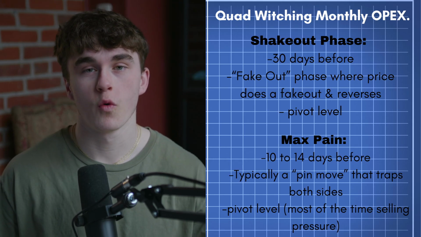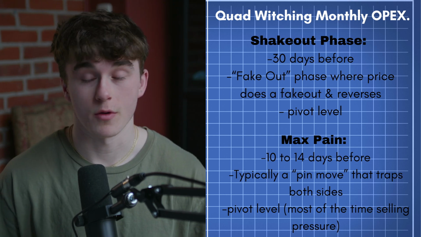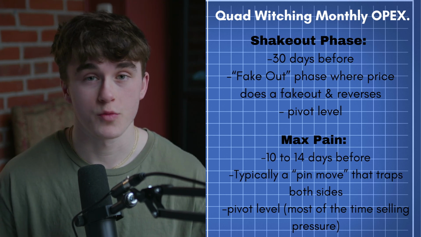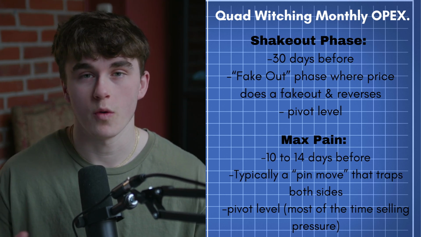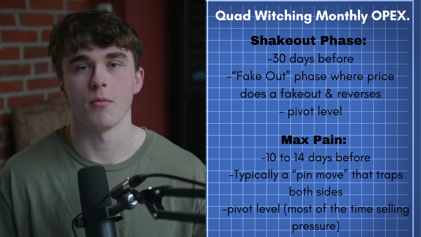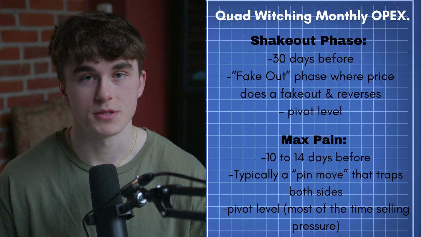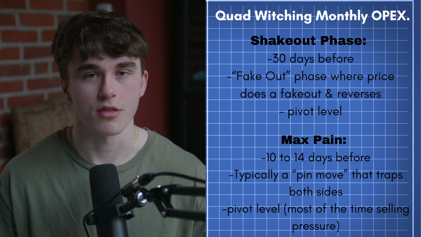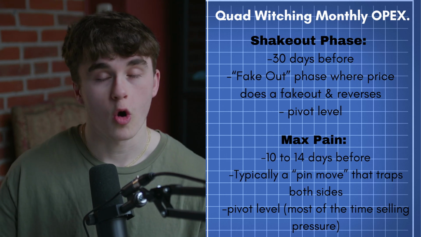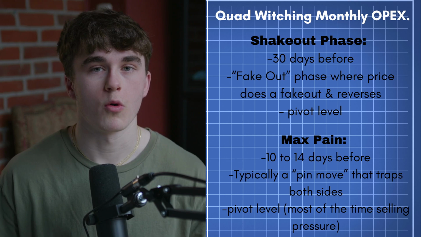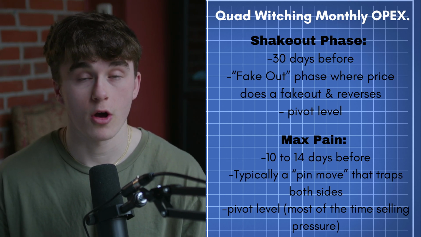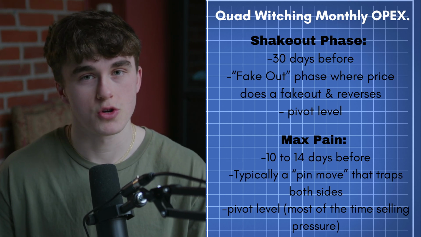Now, the timing for the quad witching months is slightly different. While the shakeout phase and max pain phase remain the same in their characteristics and what we expect of them, the timing of them is different. Quad witching months happen in March, June, September, and December only, again on the third Friday of those months. They're much more important because there's a lot more money expiring on the same day, since that's when futures also expire.